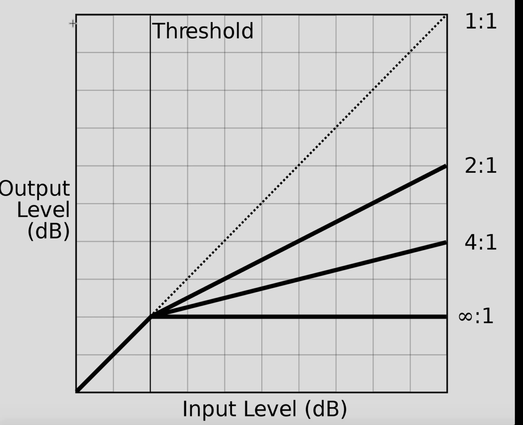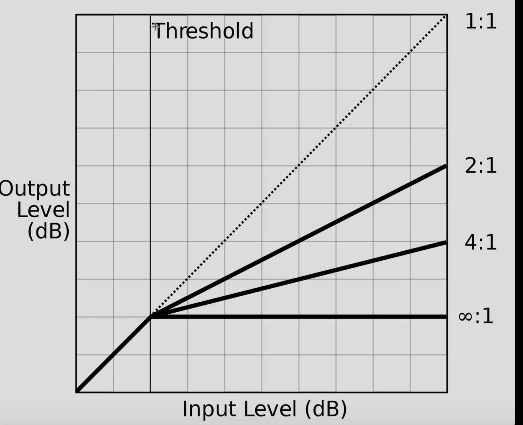The y-axis represents output level in decibels. It's an increasing metric. Okay, so as you go up, output level gets higher. The x-axis represents the input level in an increasing metric.